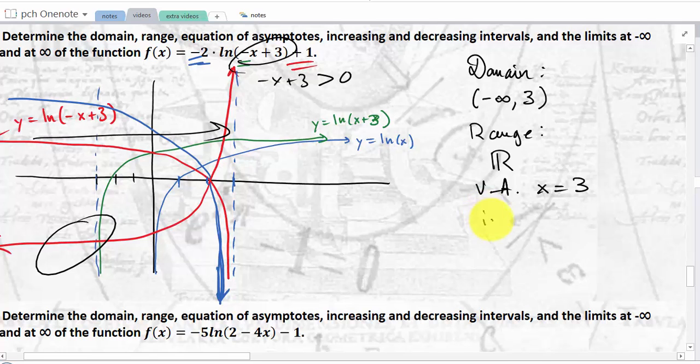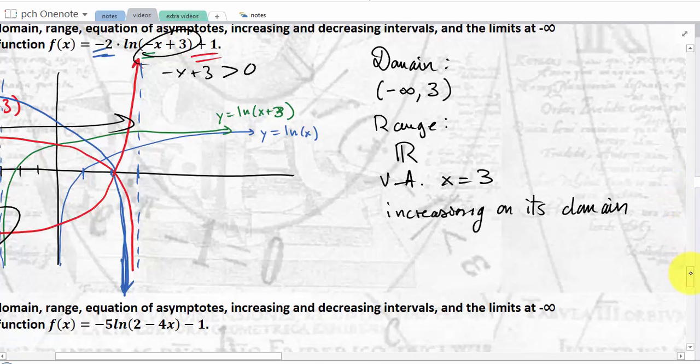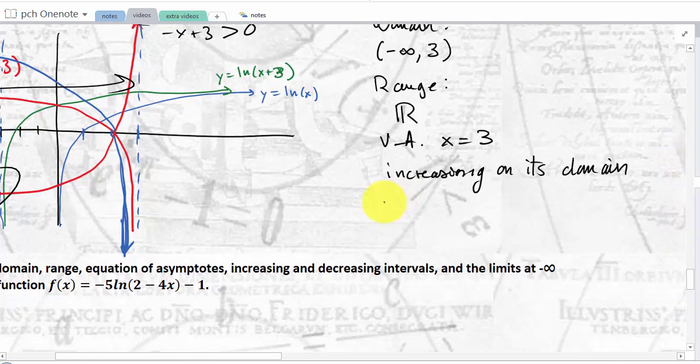The function is increasing on its domain. Increasing on its domain. I guess we need a shortcut for that. We should say monotonically increasing. Okay, whatever. And finally, let's describe the limits. So the limit of, what's the name of the function?